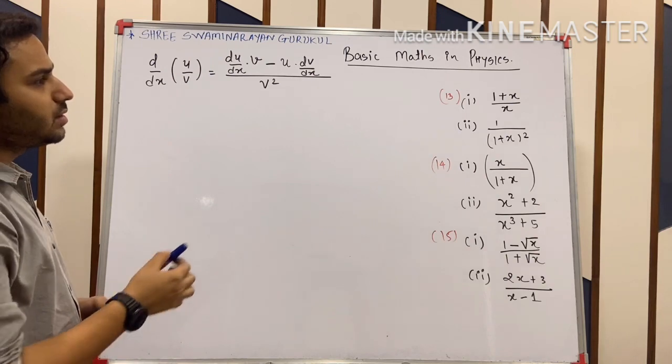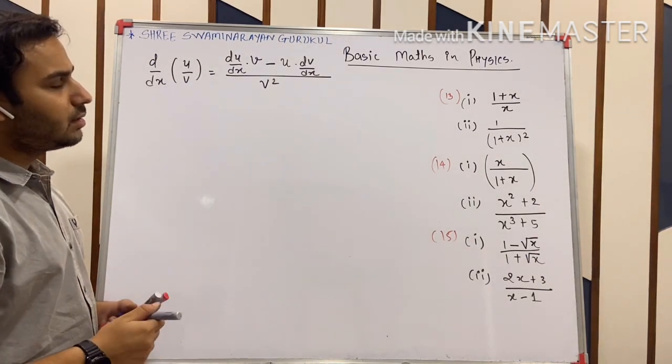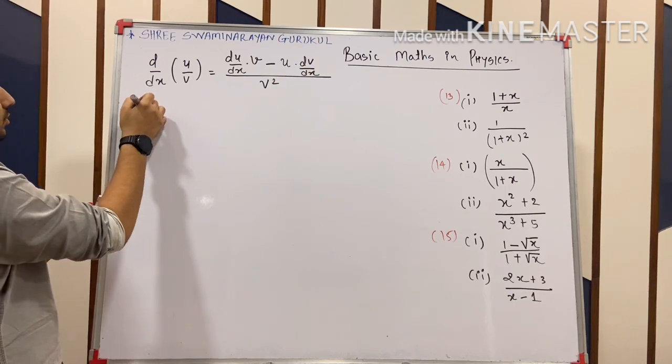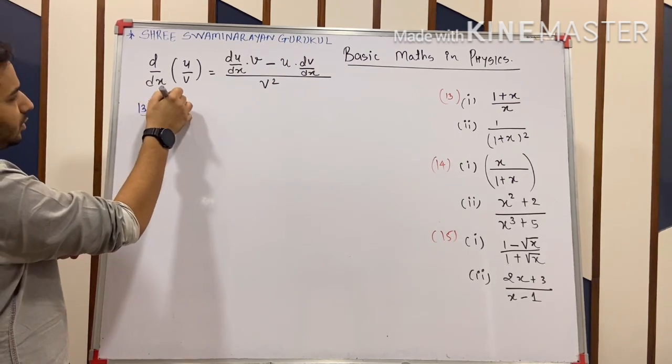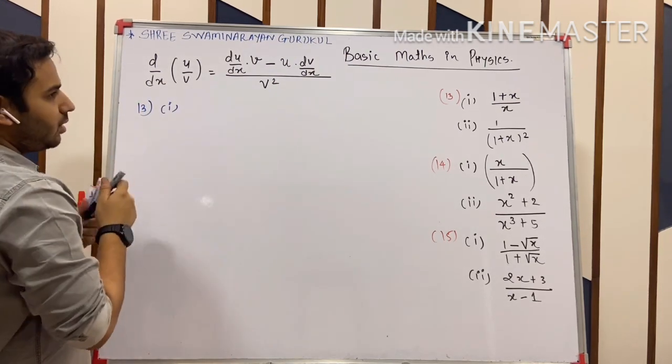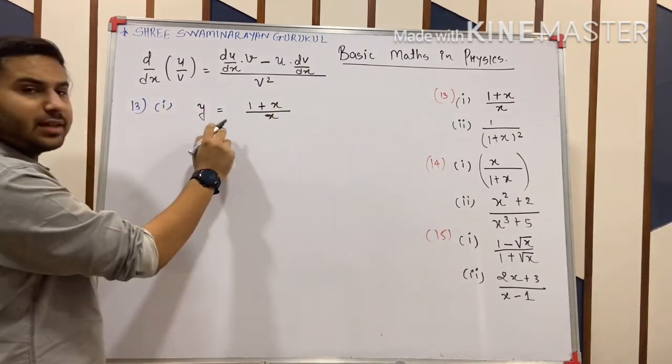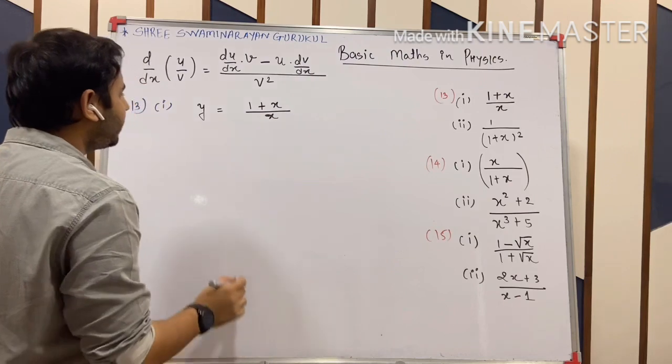So our first question is 13th, and its first part is 1 plus x upon x. So y is equals to 1 plus x upon x.